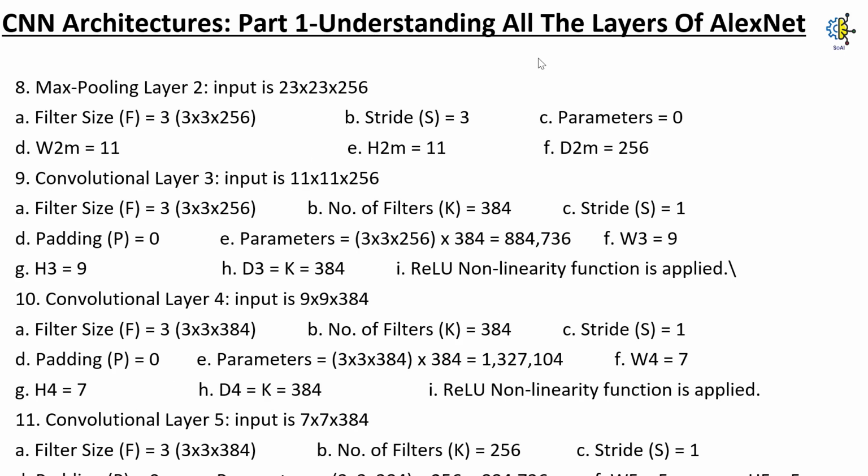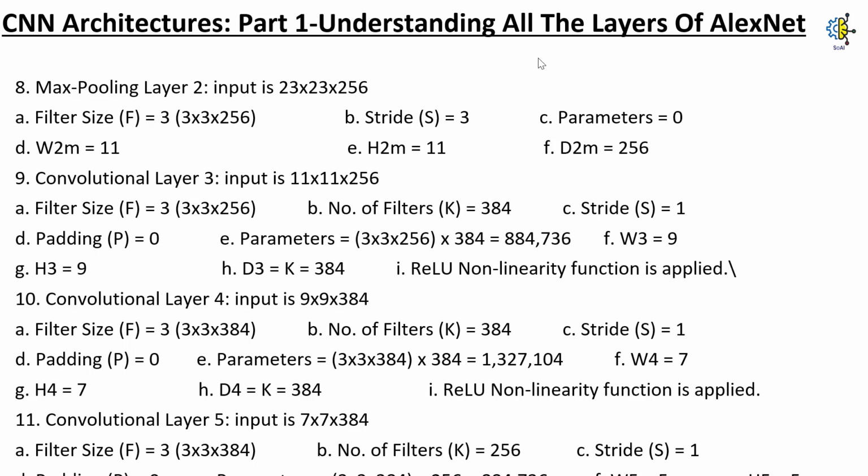Max pooling layer 2. Here input is 23 cross 23 cross 256. Here filter size is 3, stride is 3 and parameters 0. W2M 11, H2M 11 and D2M 256. Now convolutional layer 3.